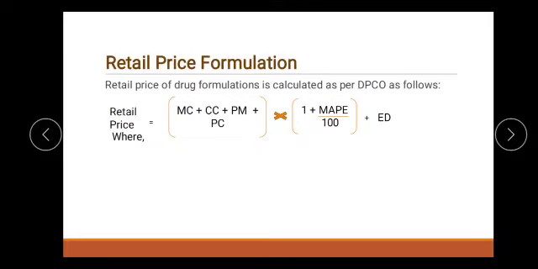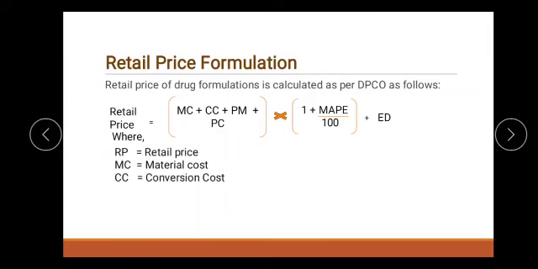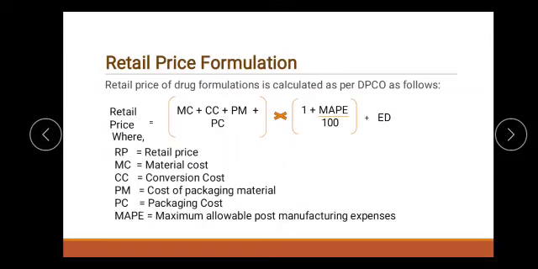Retail price is equal to (MC plus CC plus PM plus PC) into (1 plus MAPE divided by 100) plus ED, where RP is equal to retail price, MC is equal to material cost, CC is equal to conversion cost, PM is equal to cost of packaging material, PC is equal to packaging cost, MAPE is equal to maximum allowable post-manufacturing expenses, and ED is equal to excise duty.